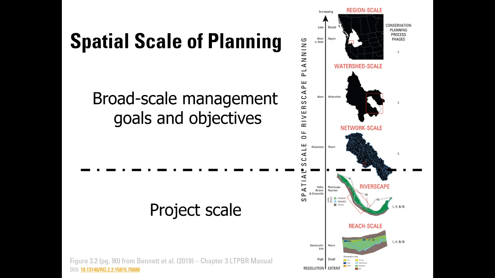And of course, that also provides context in terms of what's going on at these larger scales that can help you be more successful if you're aware of them and can tie in appropriately. So just wanted you to be aware of that. It is something that's very important, but it's just not going to be covered in this course.